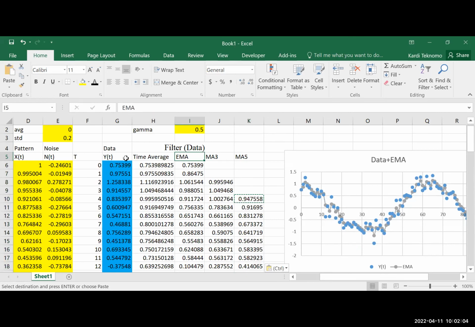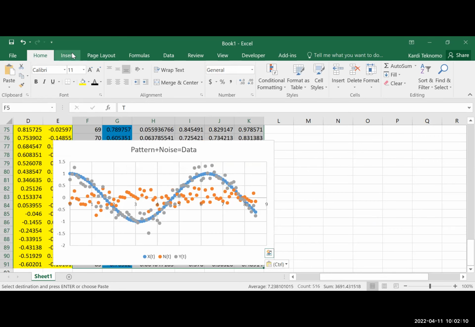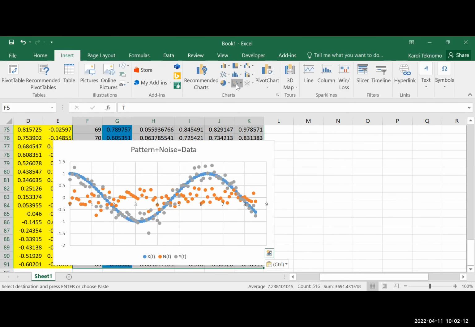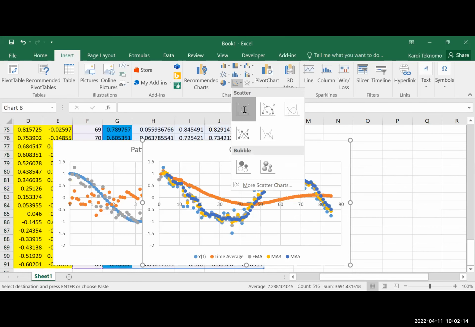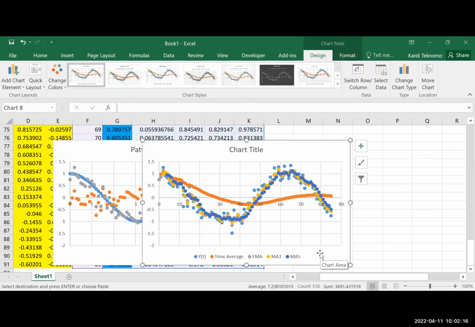And then let's create the plot. There. If you want to compare, you can compare. The time average is the most sluggish. You can see the time average here is very slow to respond.